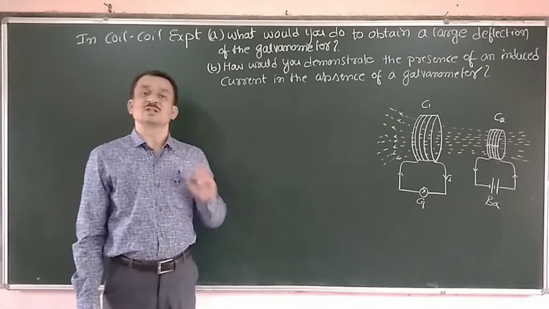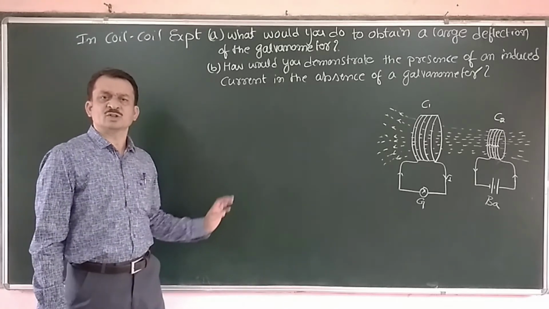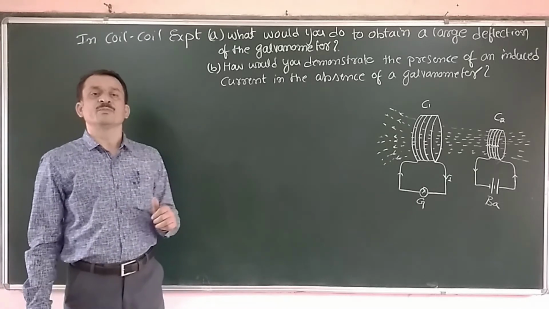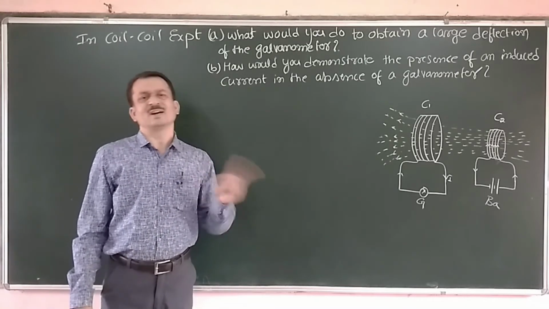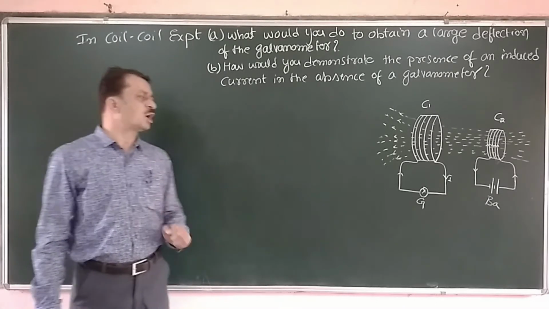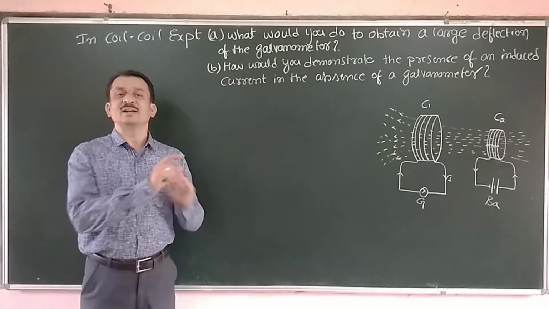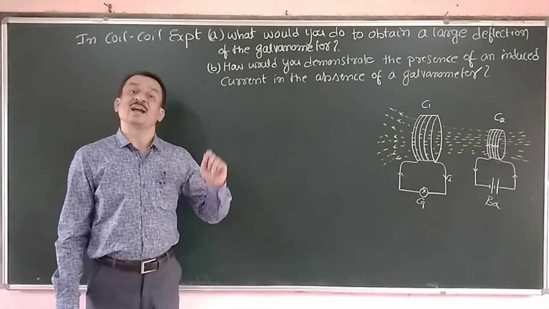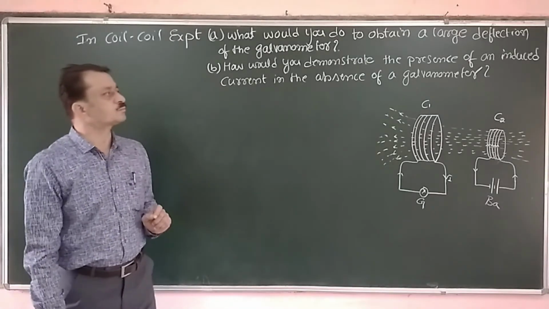If you move the south pole very fast, then the deflection in the galvanometer will be larger. Whenever the south pole is moved towards the coil or taken away, we get the same result as in the case when the north pole is pushed and pulled, but in the reverse direction. So that thing we have to include.